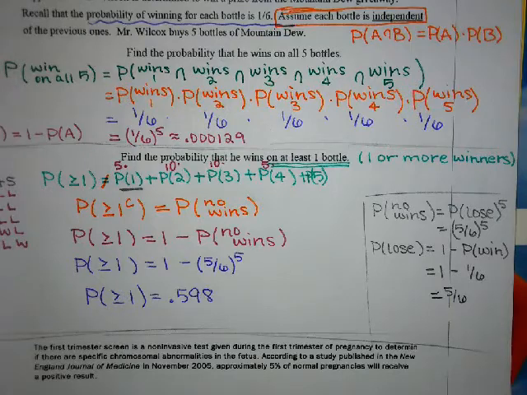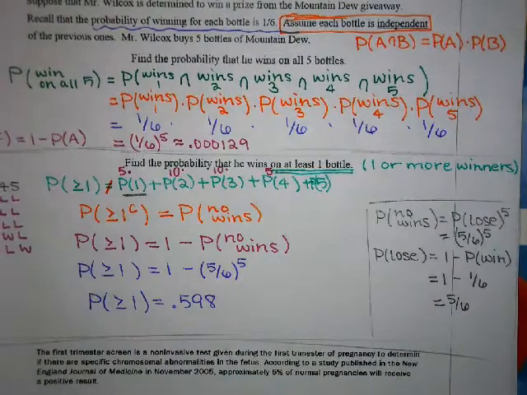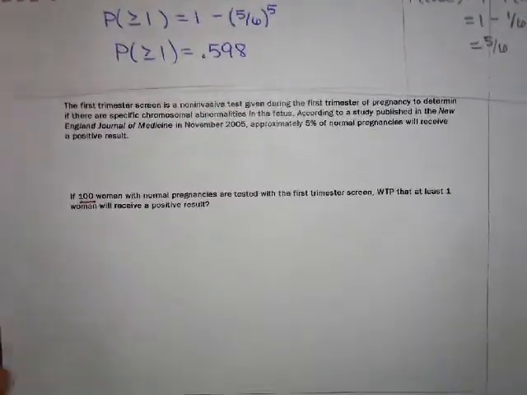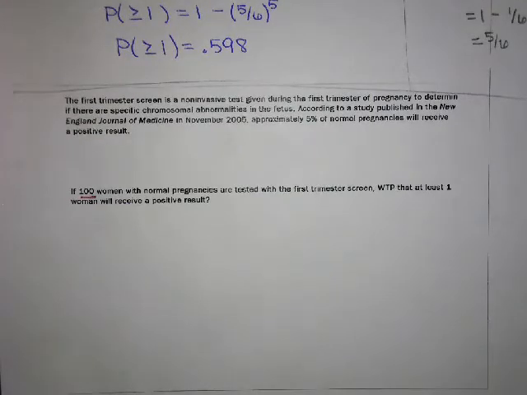No? All right. We're going to look at another one, actually another 2, where we use that at least one idea. So this one, the first trimester screen is a non-invasive test given during the first trimester of pregnancy to determine if there are specific chromosomal abnormalities in the fetus.